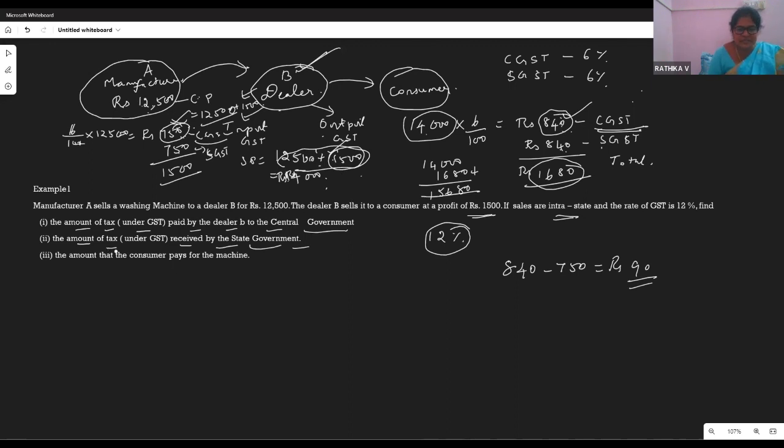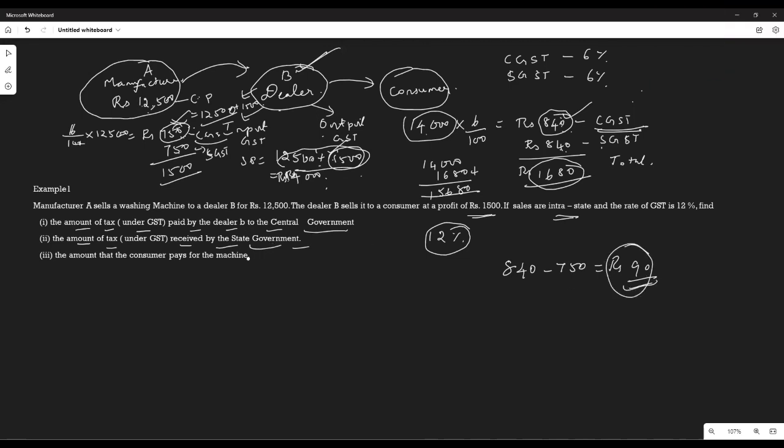Okay, the second question I asked: the amount of tax under GST paid to the state government is how much? That also will be the same, 90 rupees by dealer B. Otherwise, generally, the amount we have paid to the state government will be 840 rupees at the end.